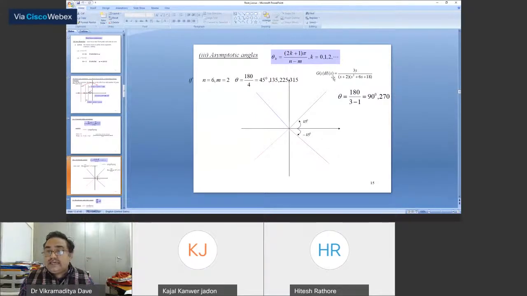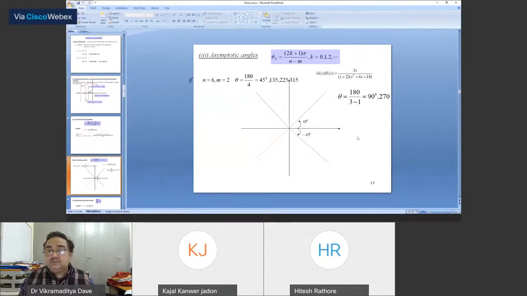Number of poles n is 3, and the number of zeros m is 1. Sorry, something is wrong there, they have written a wrong thing.